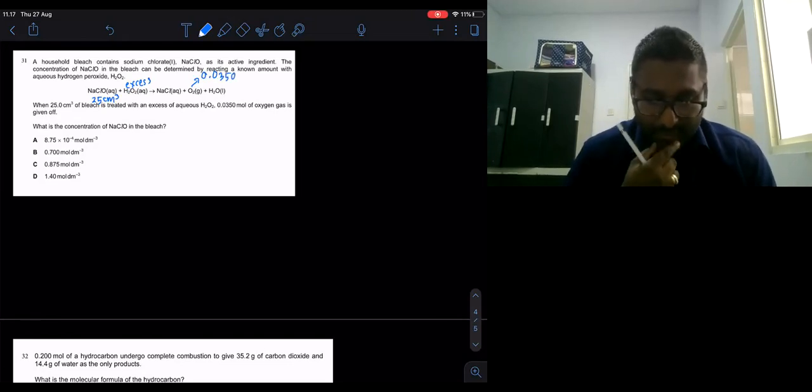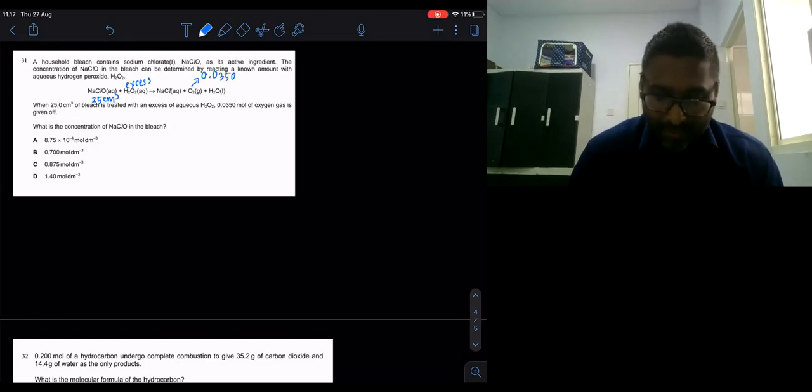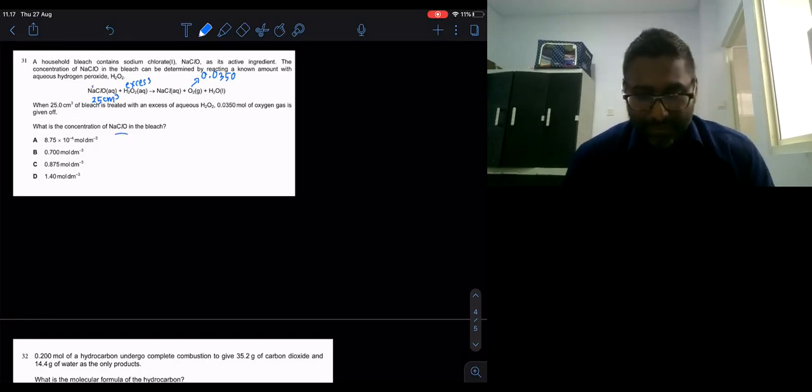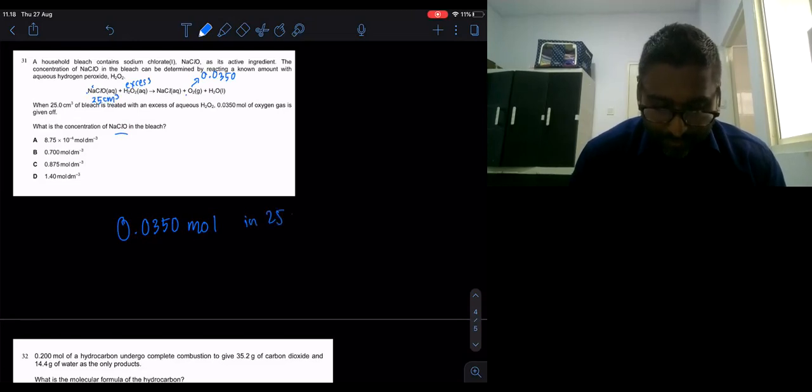So we just want the concentration. I think it's a very easy question. You want the concentration of this bleach. So what you need to do is 1 mole is 1 mole. So it's 0.0350 mole. And then there's 25 cm cube.